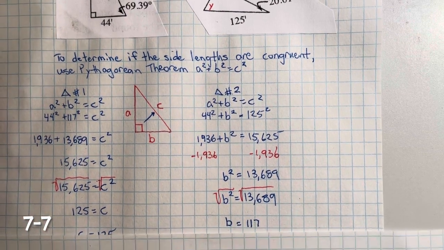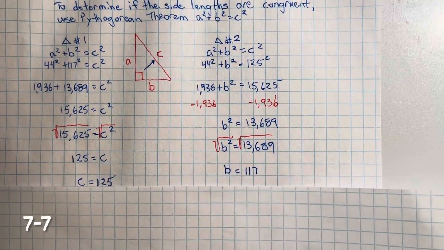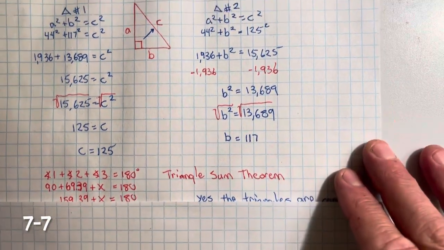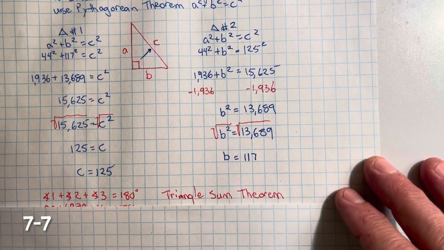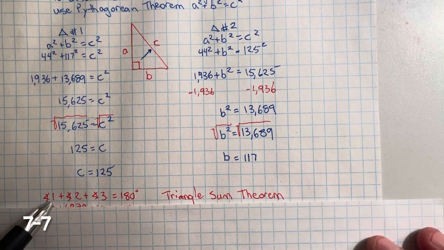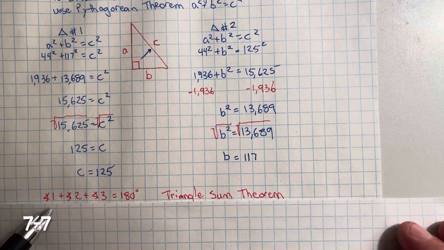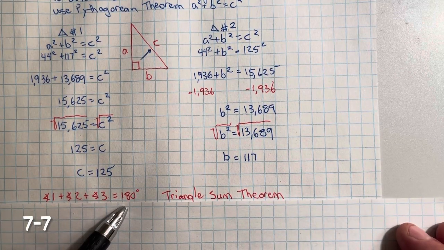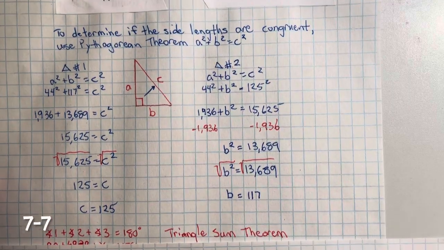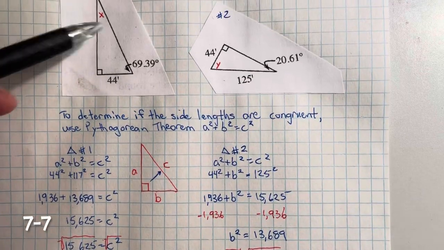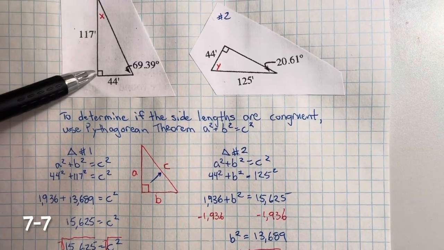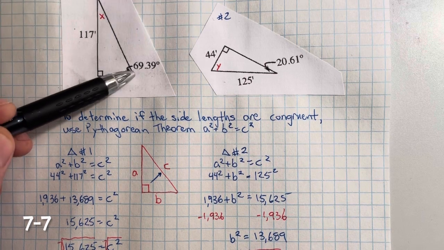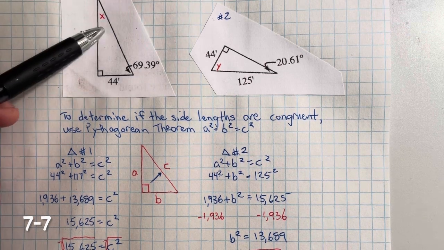The other way we can determine that they are congruent is by using the Triangle Sum Theorem. What the Triangle Sum Theorem says is that the sum of the three angles in a triangle will equal 180 degrees. So if we know that, we can take the sum of the three angles, and we have 44, 69.39, and x.